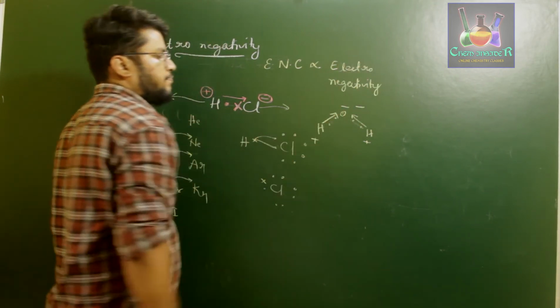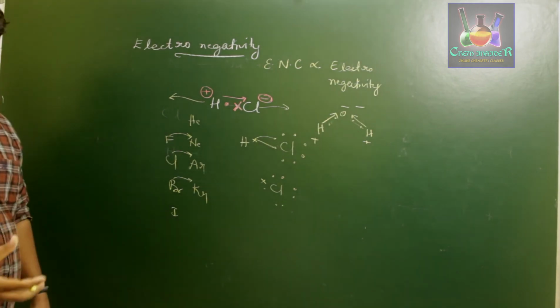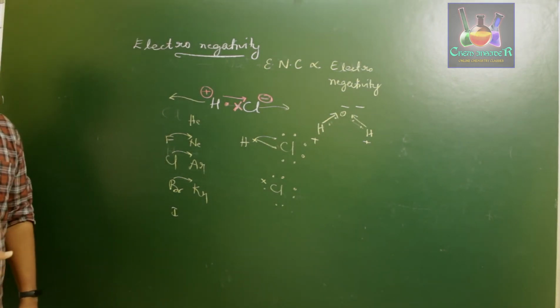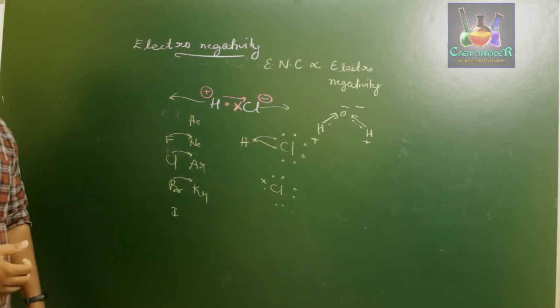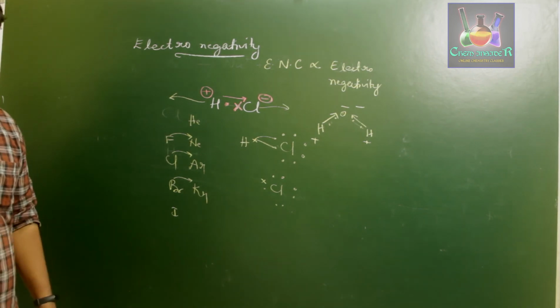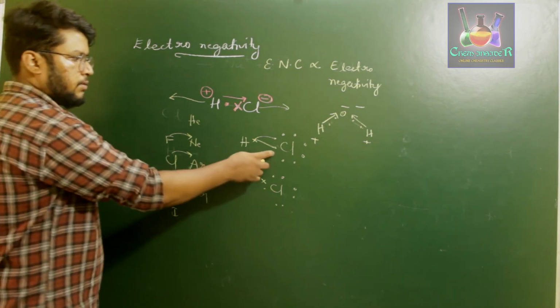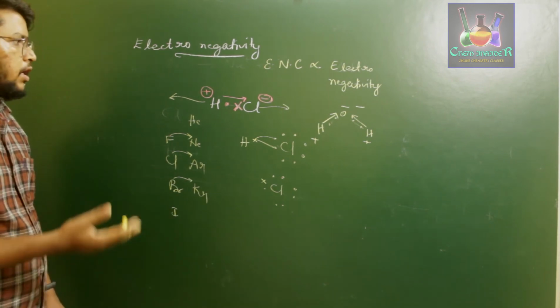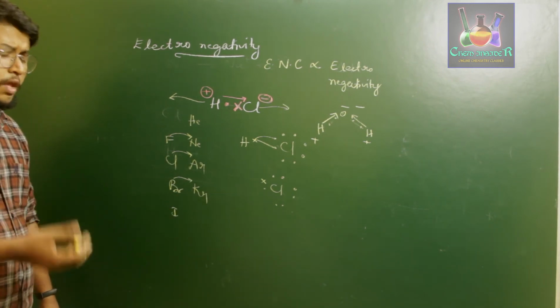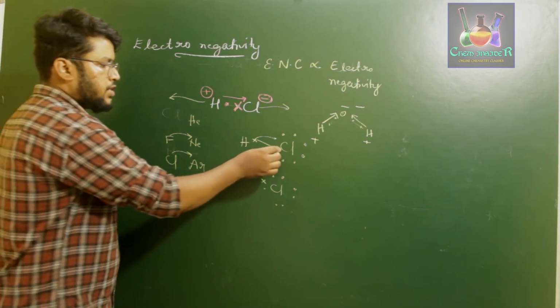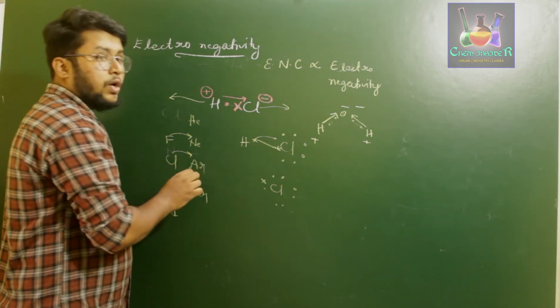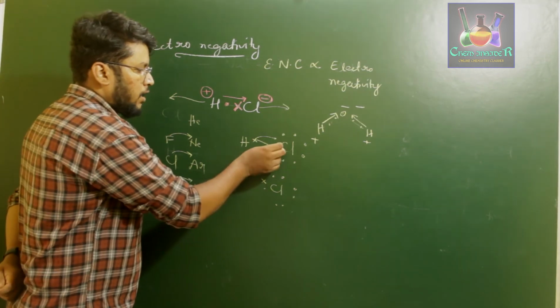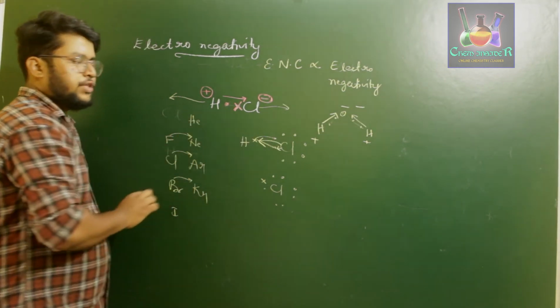That is because if you have a strong nucleus pulling the electrons in its orbital, it may try to pull the electrons of the next atom also. Like in this case, your chlorine has a higher effective nuclear charge, which is pulling its own electron, and might also pull the electron of hydrogen.